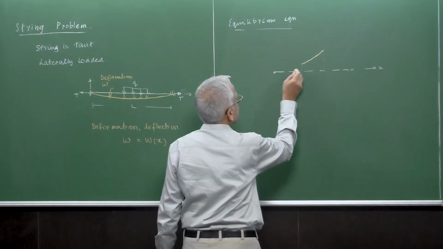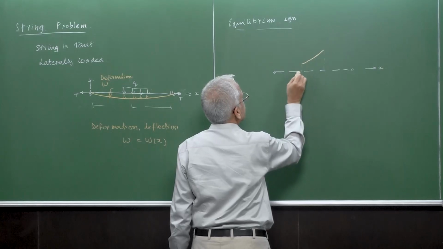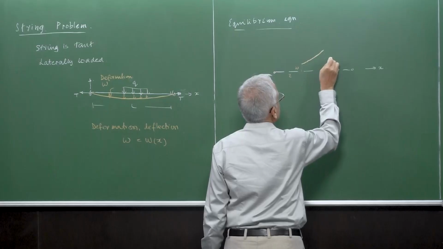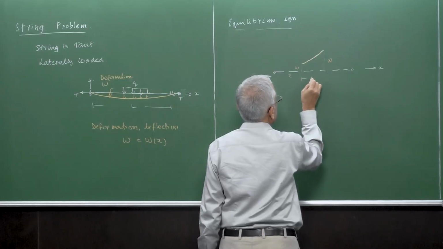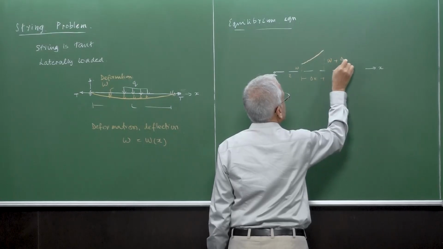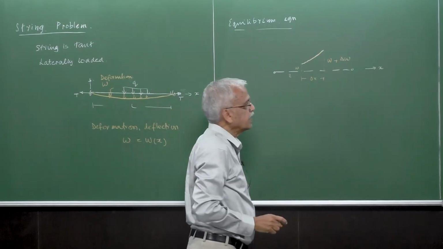So here we have a deflection of W, and this is a distance of delta x, and this is delta W. And what else?